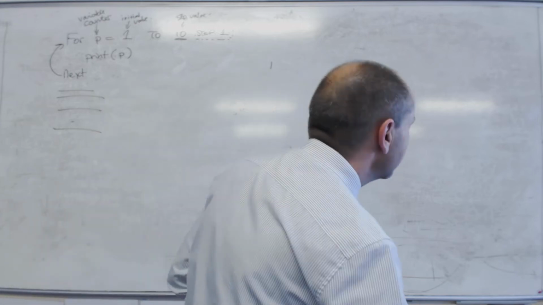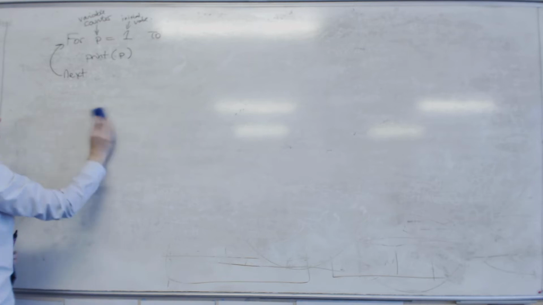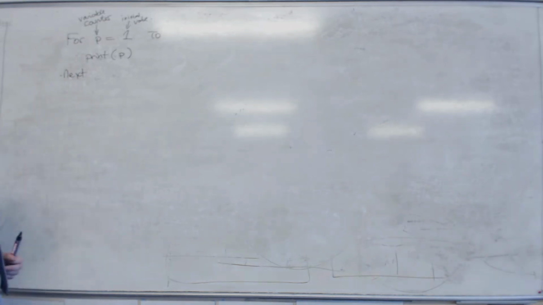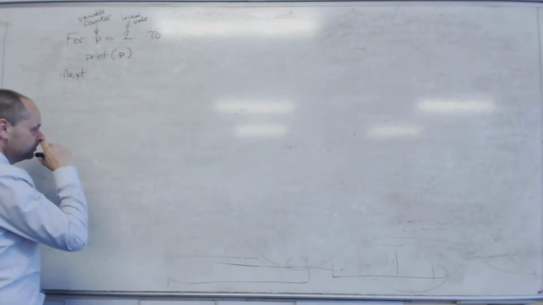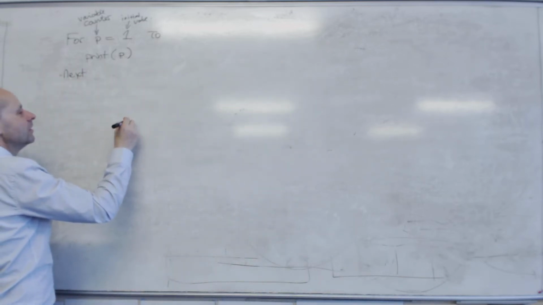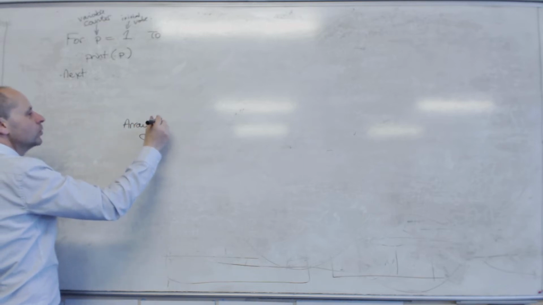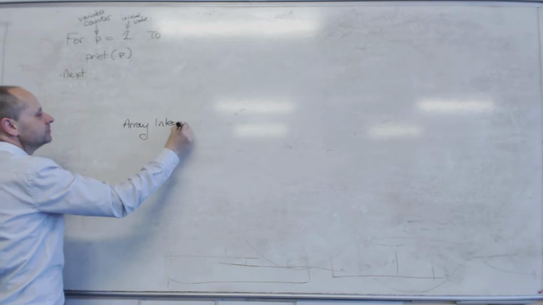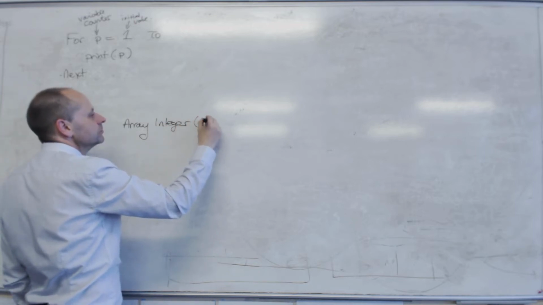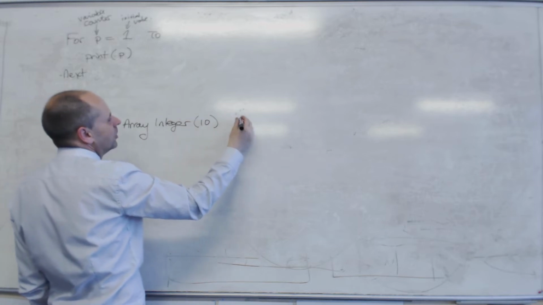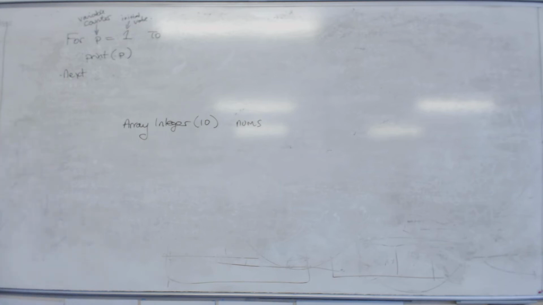If you are working with an array, and you want to print out each character or a value from an array, so let's say we've got an array of numbers, and we're going to call it, I don't know, nums or something. Okay, so we're going to have an array called nums.